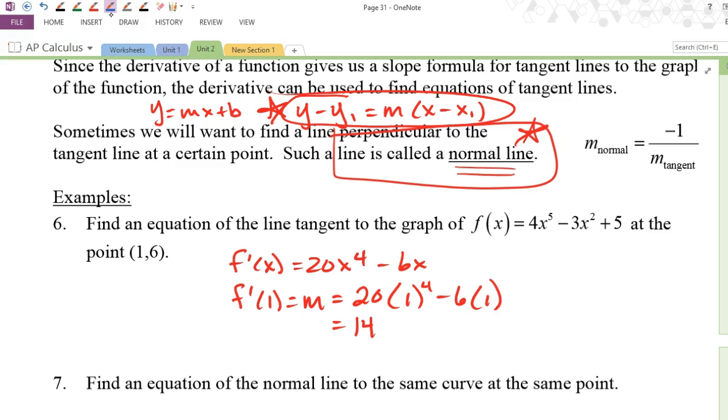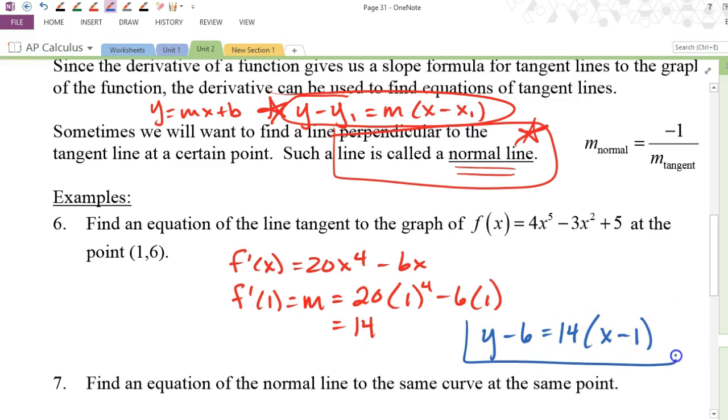At this point, all I have to do is plug this into my point-slope form and then be done. So what is my plug-in for point-slope form? y minus 6 is equal to 14 times x minus 1. Done. Is the f'(1) always your slope?